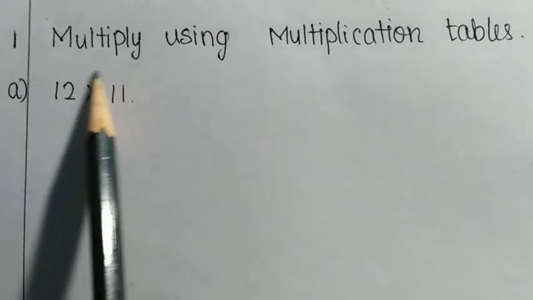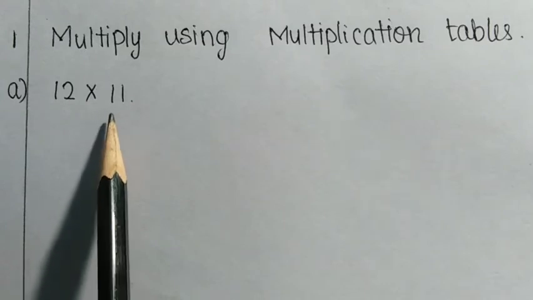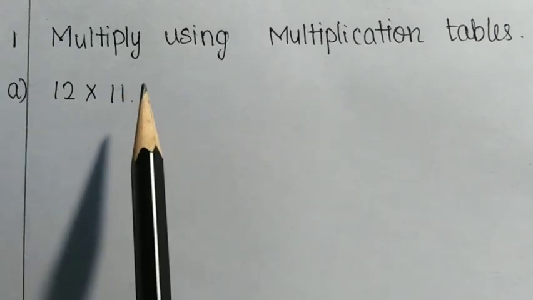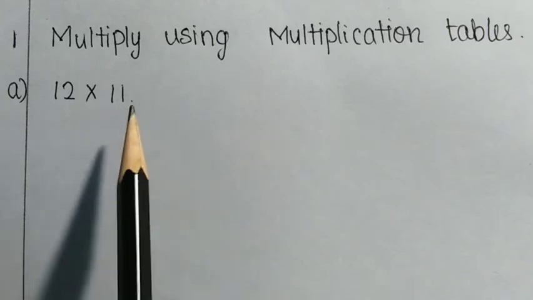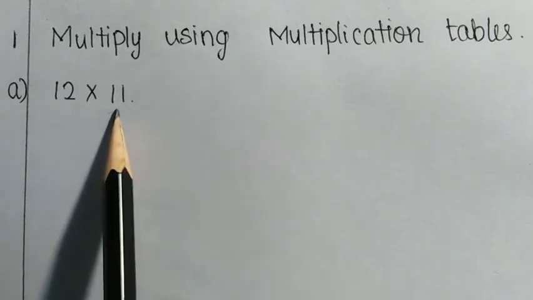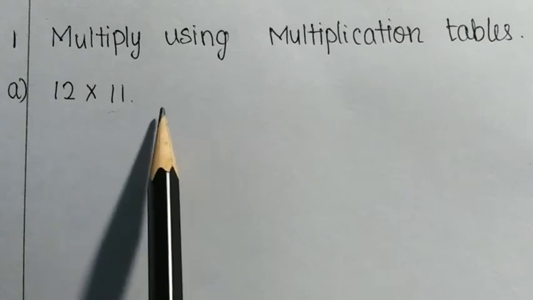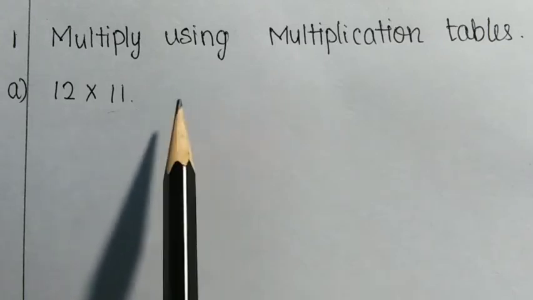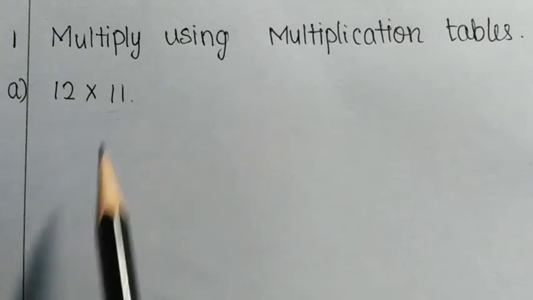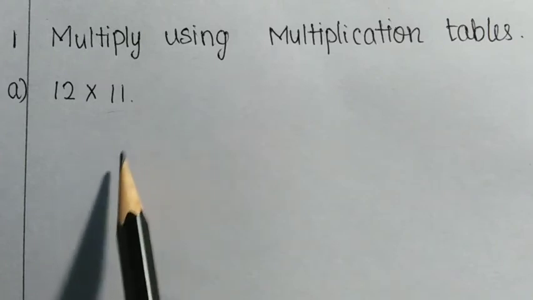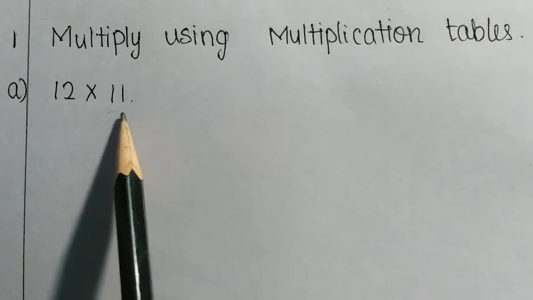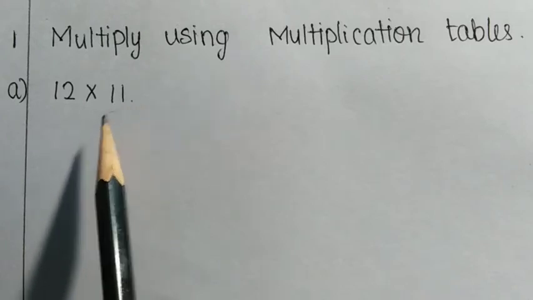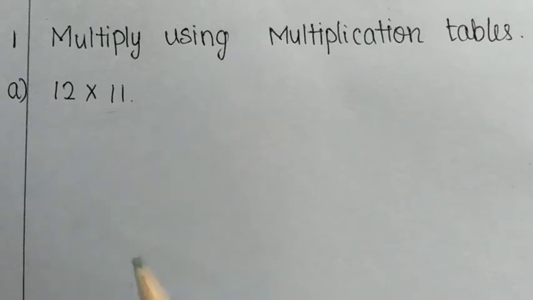So this sum will be similar to the one which you have learned in the smart multiplication method. In the smart multiplication, you had numbers ending in 9. So you subtracted 1 from the number next to it. Here, since we know tables till 10, we are going to split this number in terms of 10 plus 1.